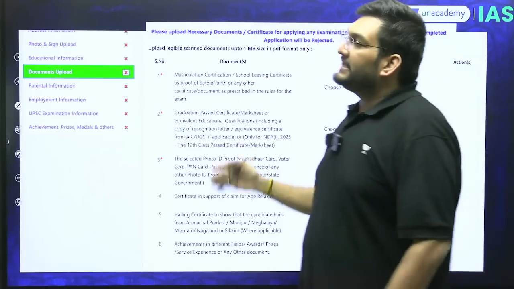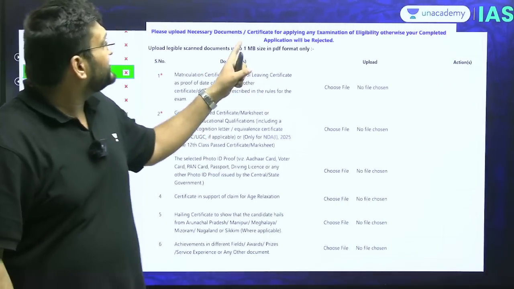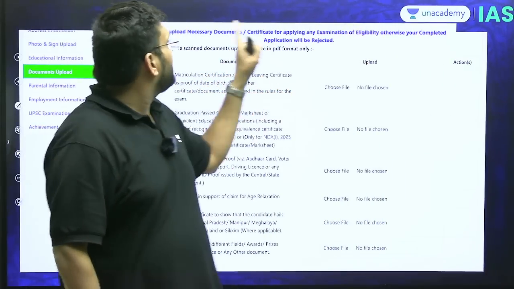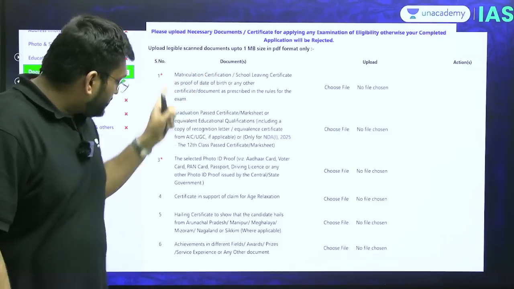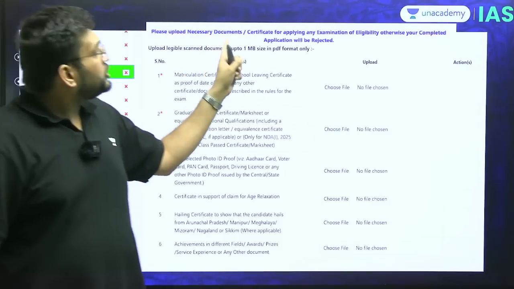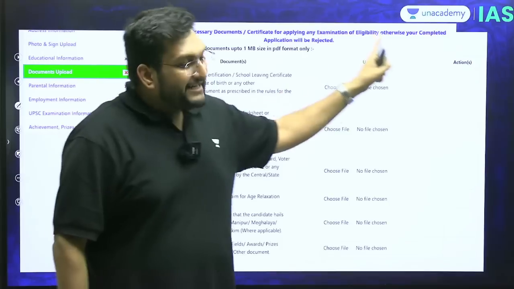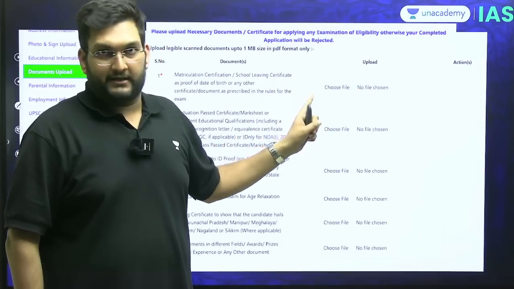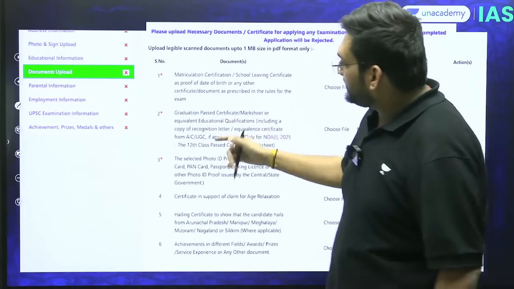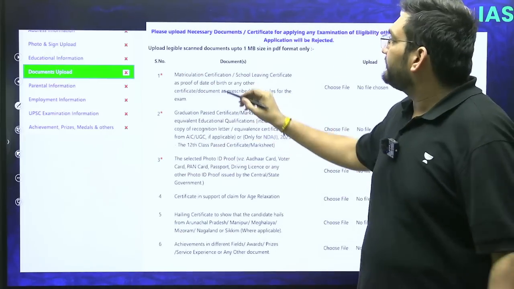Then comes a very important set of documents, for which they say that if these first 3 documents are not submitted, the complete application form will be rejected. This is where there are 3 things which have asterisks, so very important.